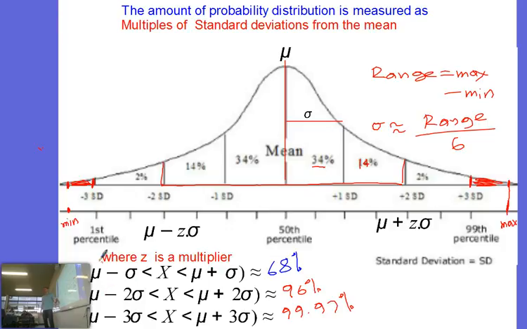It doesn't have to be whole number multiples. You could have 1.6 standard deviations either side of the mean, and that will give you a specific probability.